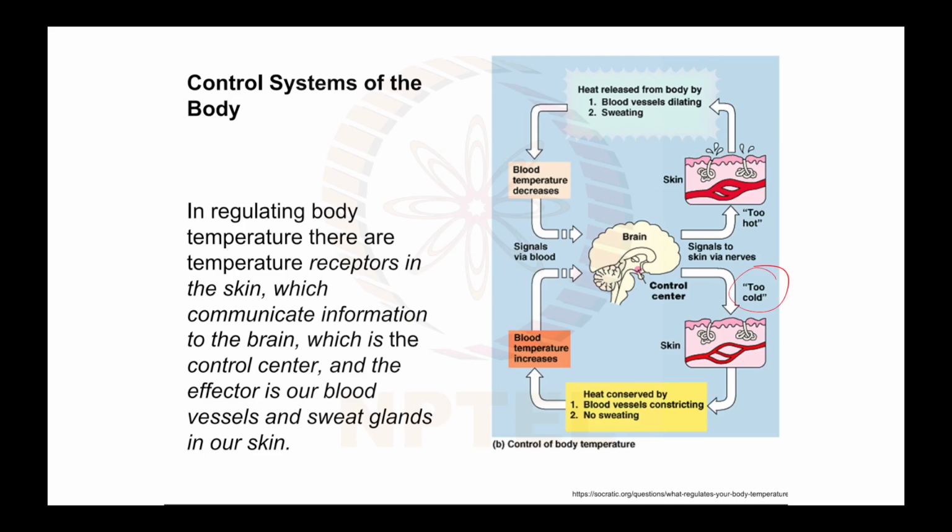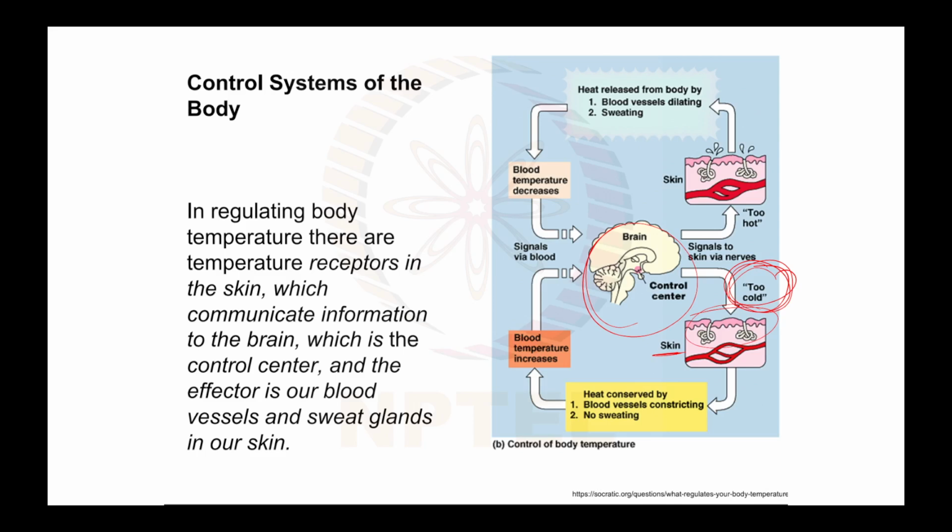Then inside our blood vessels, the control center gives the cold signal to the blood vessels, so to the skin. The receptors are present in the skin and sense this signal given by the brain, and the blood vessels control constriction and dilation.